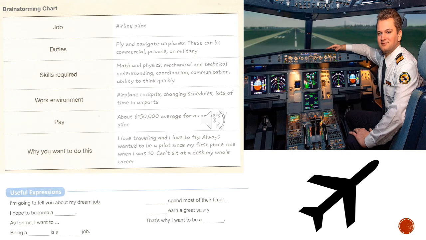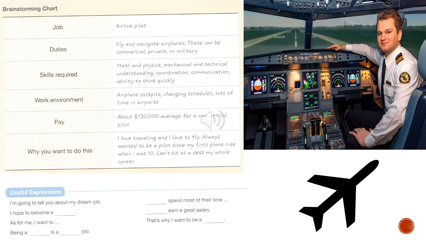So, a couple of things to note here. When we talk in general about people doing this work, we use the plural. So pilots spend most of their time, or pilots earn a great salary. Okay, so when you're talking about the job in general, be sure to use plural.